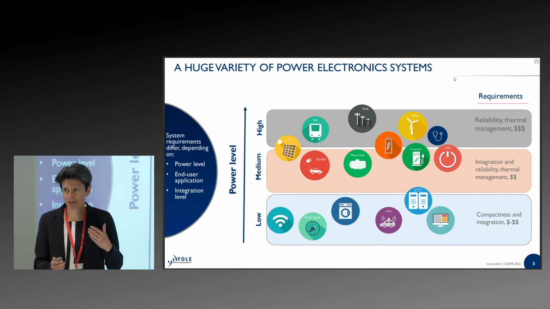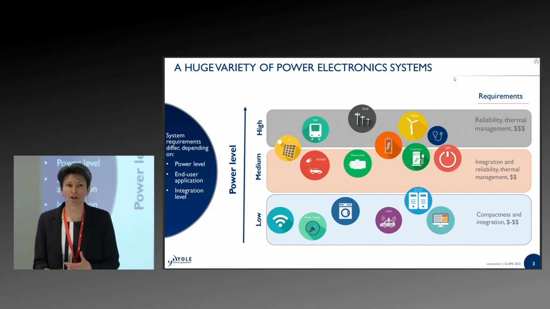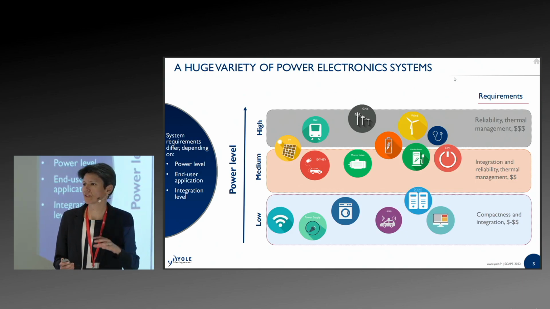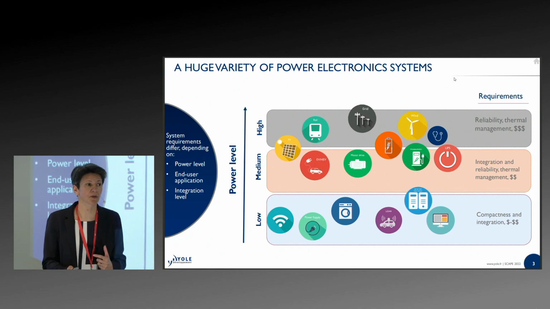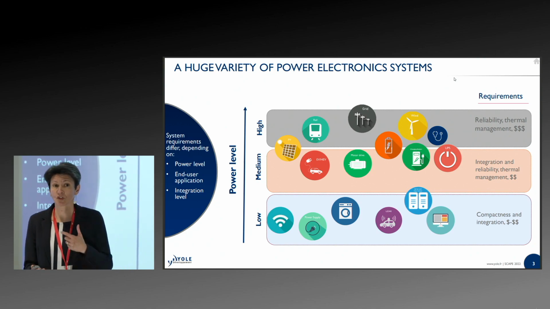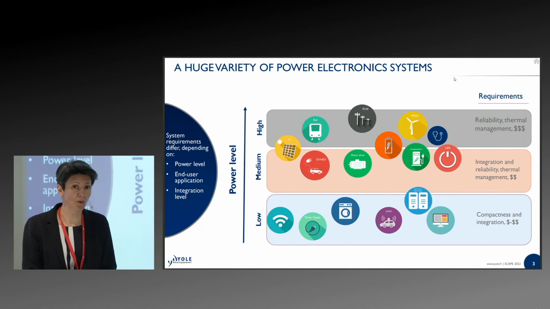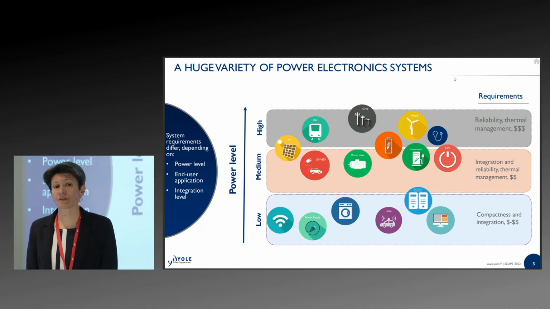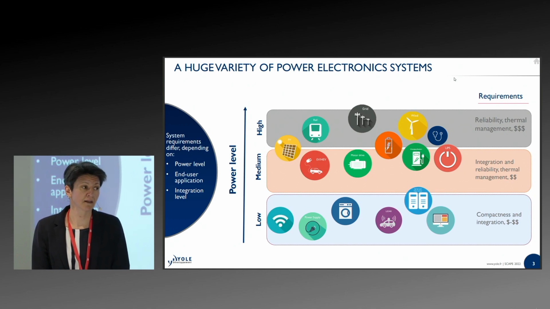That means looking at packaging technologies, materials, so the requirements will be a little bit different than the low power level applications. And then when we go into these very high power levels, we are talking about rail, grids, some energy with wind, then again reliability will be very, very important, and thermal management again will be of increasing importance.